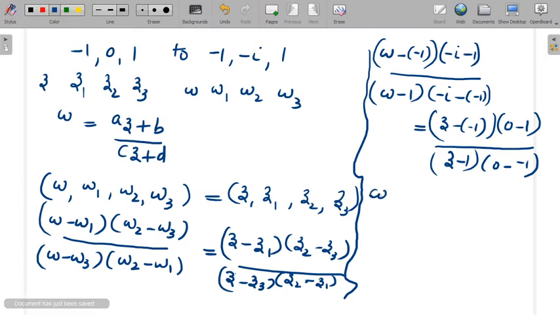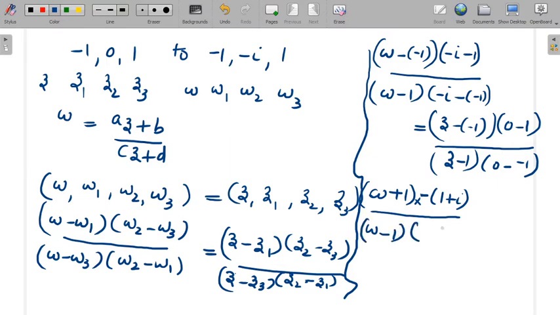So we have W plus 1 into minus of 1 plus I divided by W minus 1 into, here minus into minus 1 becomes 1 minus I, equal to Z plus 1 into minus 1 divided by Z minus 1 into 1.